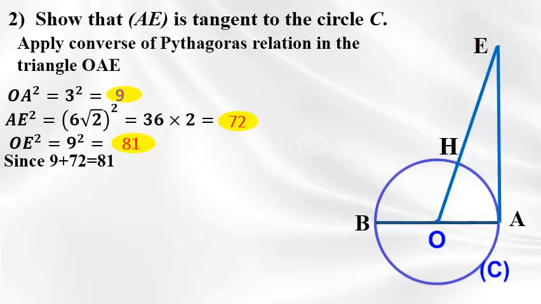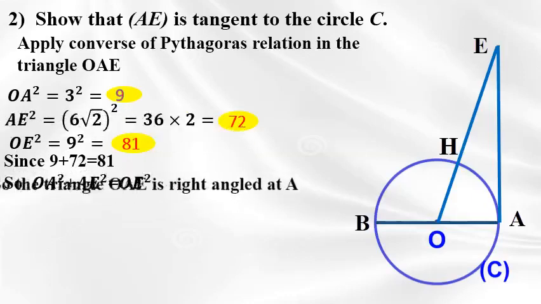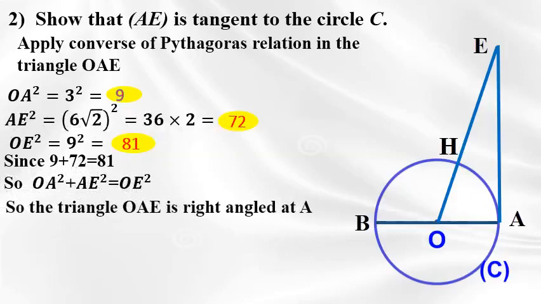Since 81 is equal to 9 plus 72, that means that OE squared is equal to OA squared plus AE squared. That means that the relation of Pythagoras is verified here. And that means that there is a right angle at A, and the triangle OEA is a right triangle.